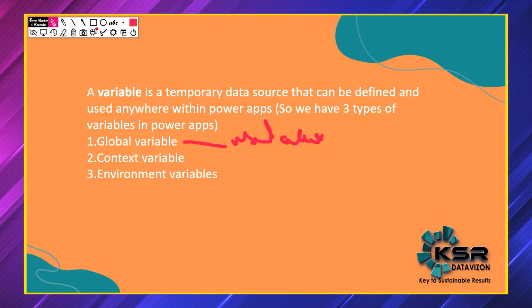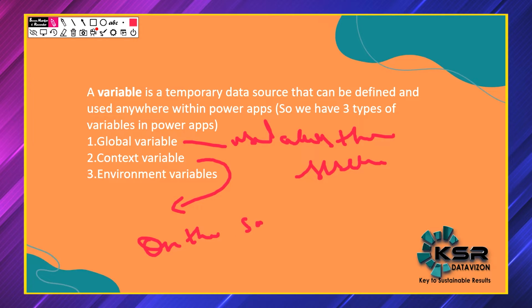If you create a variable in one screen, you can use it in any screen. Coming to context variables, they are used for a specific purpose on the particular screen only, on the same screen usage.